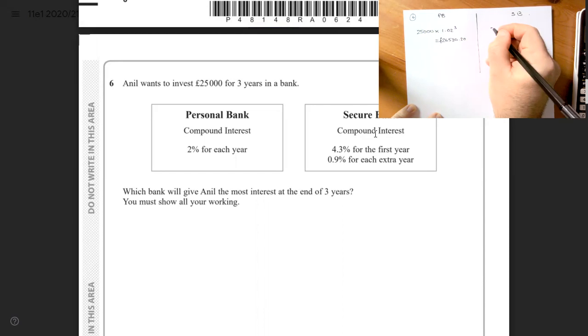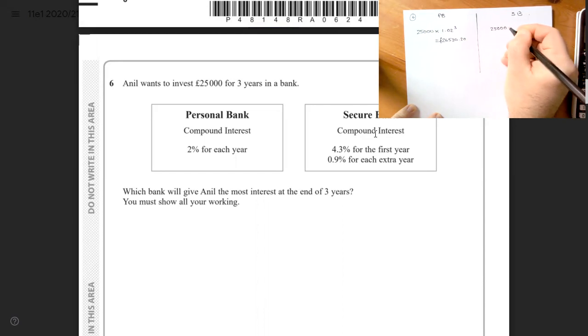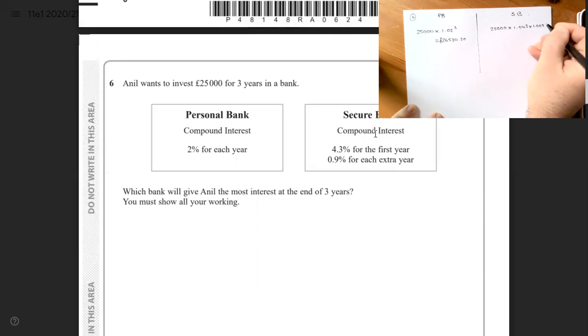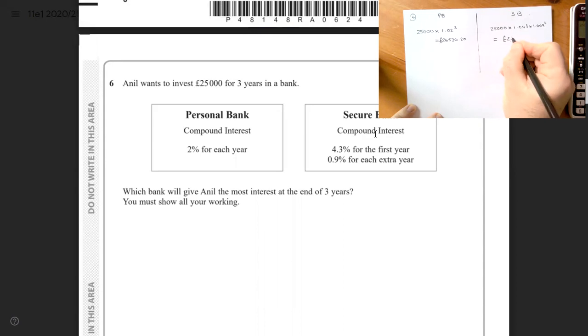and 25,000 times 1.043 for the first year, and that's times 1.009 squared for the second year. So that is 25,000 times 1.043 times 1.009 squared equals £26,546.46.